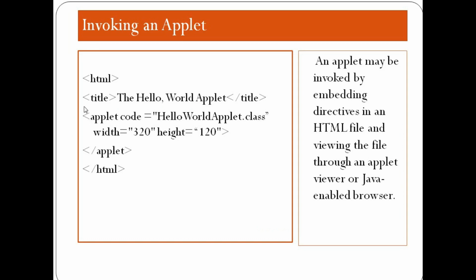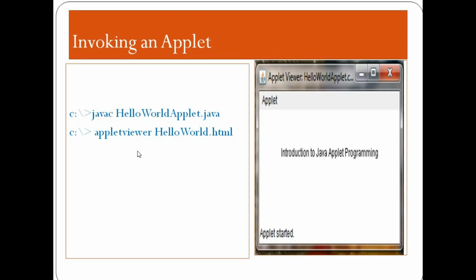This is the opening applet tag: applet code equals to something, width and height of the dialog box, and then this is the closing applet tag. Then we will invoke applet viewer to actually run this embedded code of this HTML file. So this is how we can run a simple applet program.